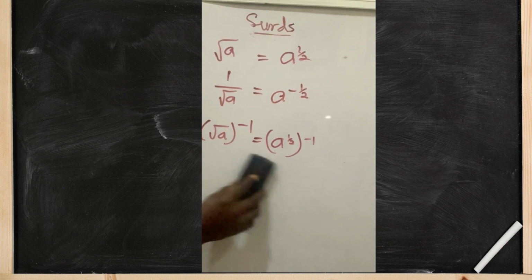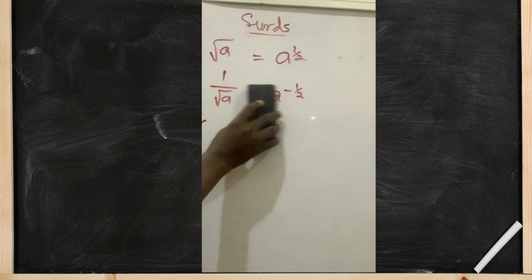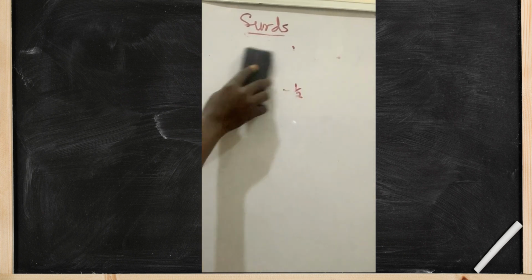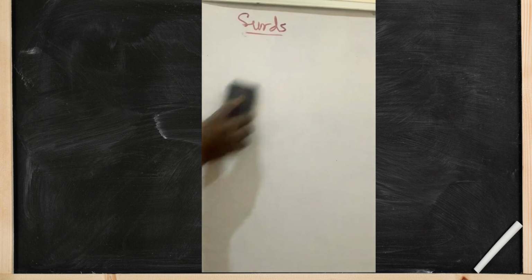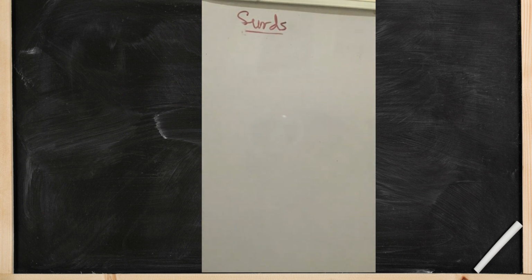Now, after that, you need to bear at the back of your mind that it is important to note that when you're talking about surds, in terms of this basic class, you can't add surds as it were.